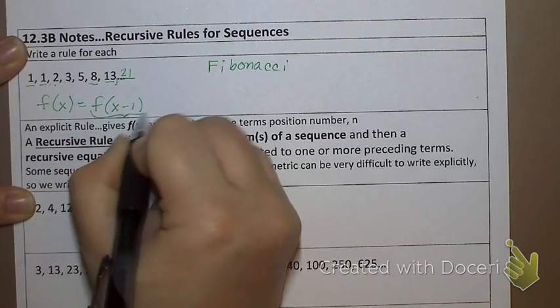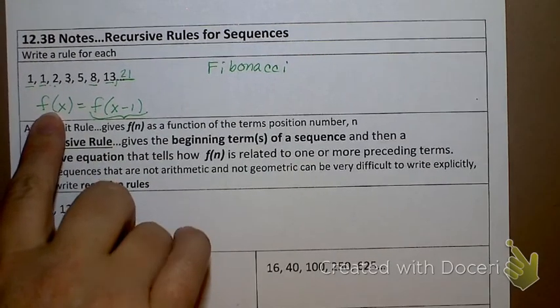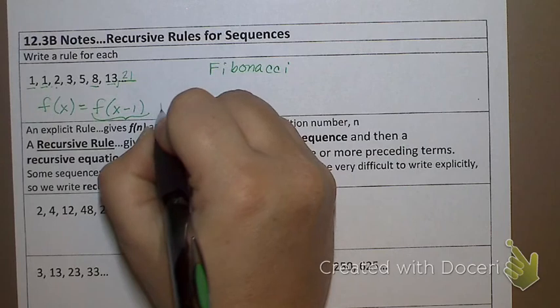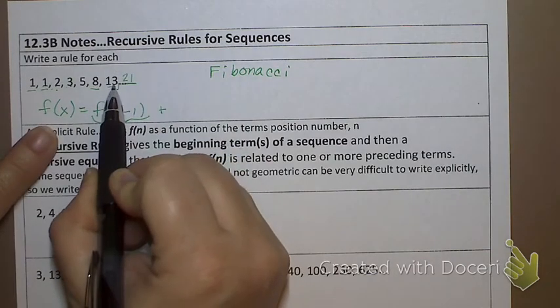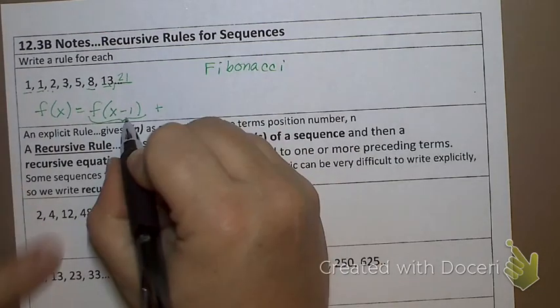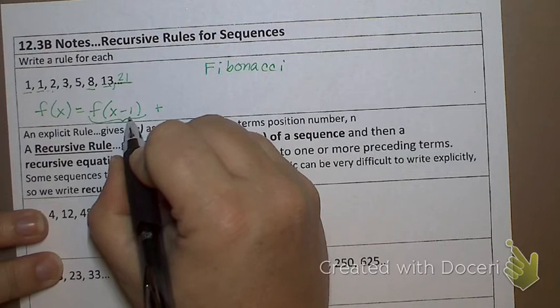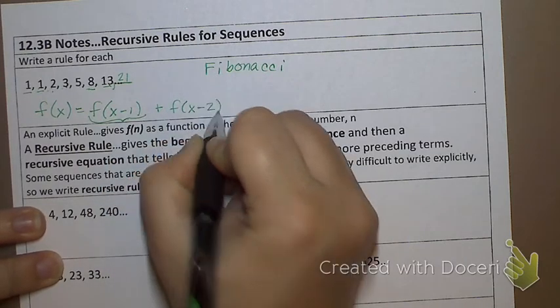That right there means the term before this guy. Plus, what was I adding to it? The term 2 before it, right? So I added the term before and the term before that one. How would I say the term before this one? F of x minus 2.